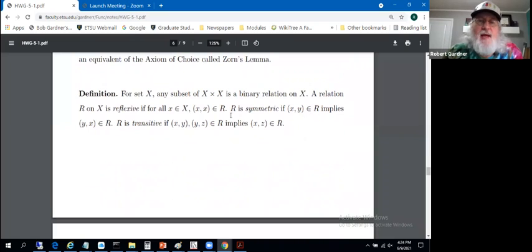First, for a set X, any subset of the Cartesian product of X with itself, so these would be ordered pairs of elements of set X, is called a binary relation on X. And such a relation, we'll call it R, is said to be reflexive if, for all x in the set X, the ordered pair (x, x) is in the relation.